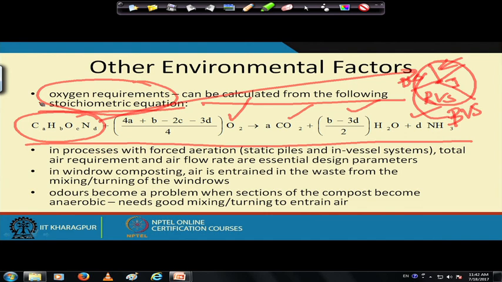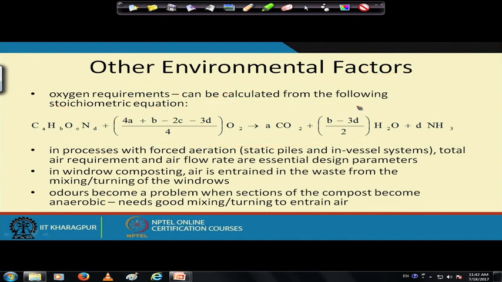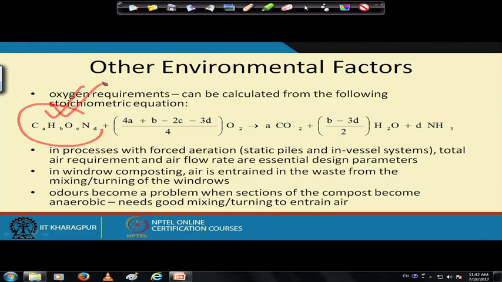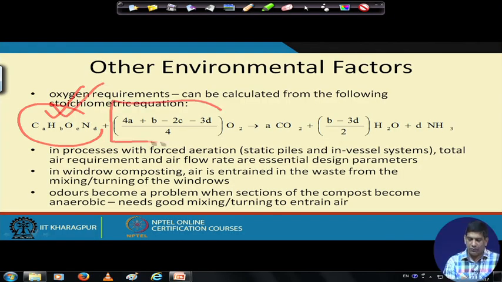There are different ways you can add air. If we're using this equation, once we know this formula, based on the BVS fraction, we can do that analysis of the waste sample and get the formula. Once we get this formula, using stoichiometry, we are assuming that the entire fraction of BVS is going to react.